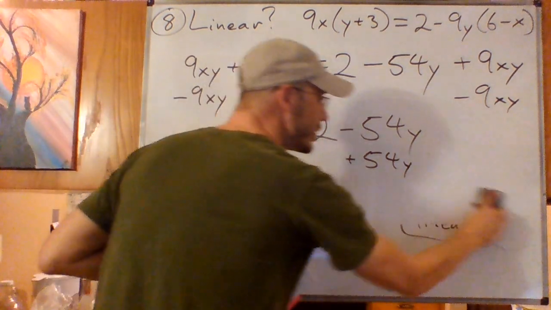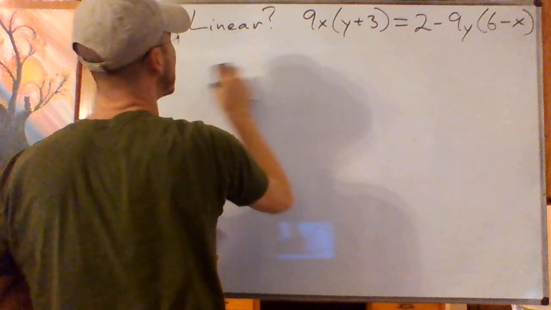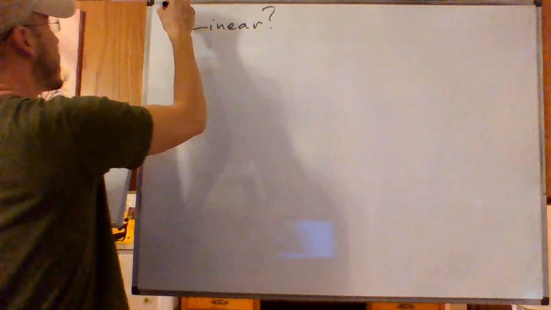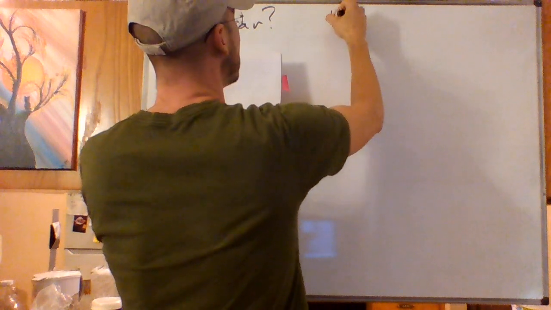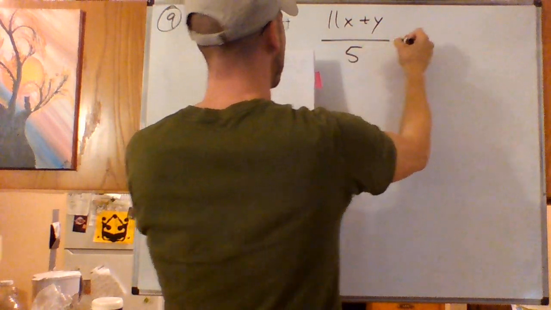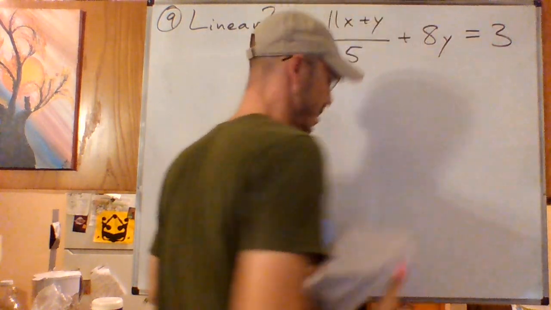The next one is similar. Number 9 asks if 11x plus y over 5 plus 8y equals 3.